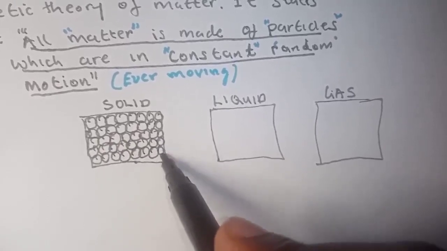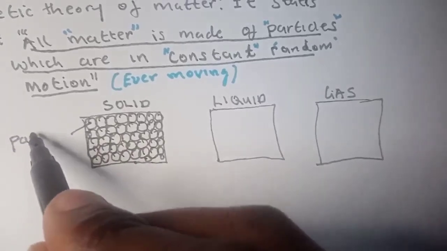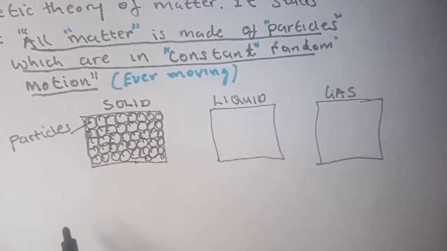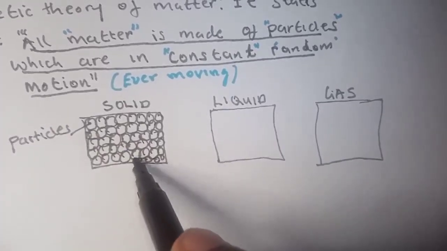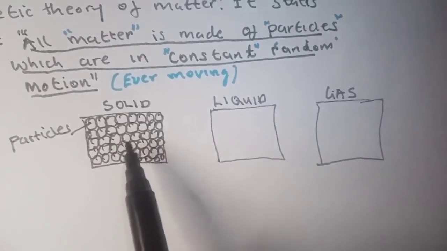Since we said all matter is made up of particles, these are the particles in a solid. The way they are arranged, they do not leave any space.